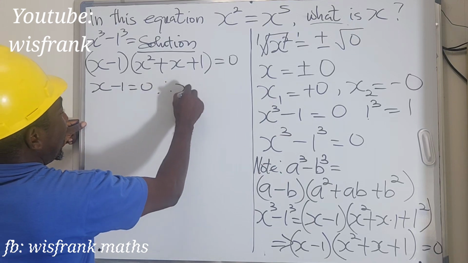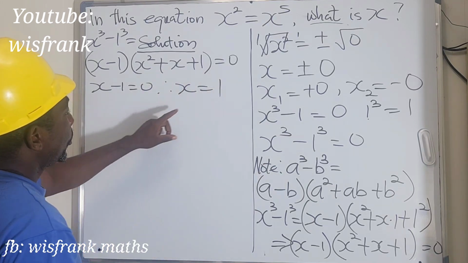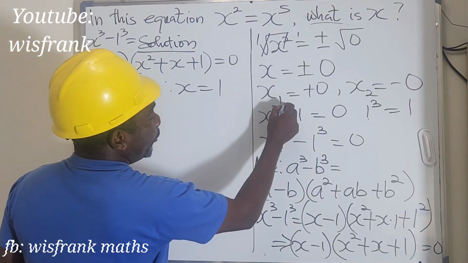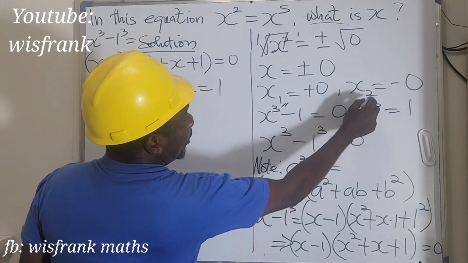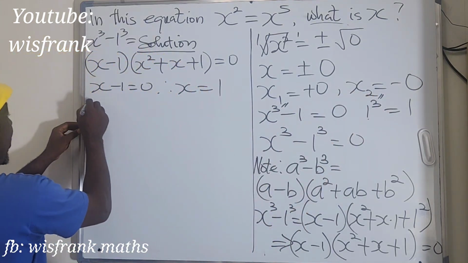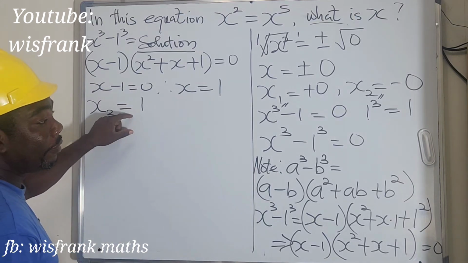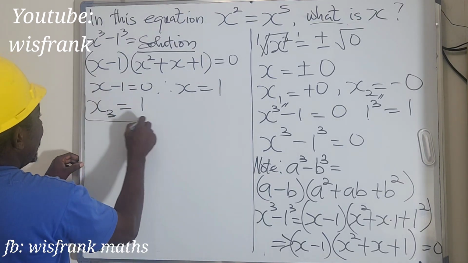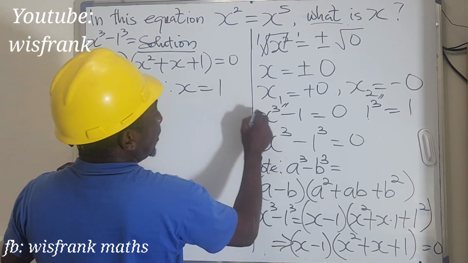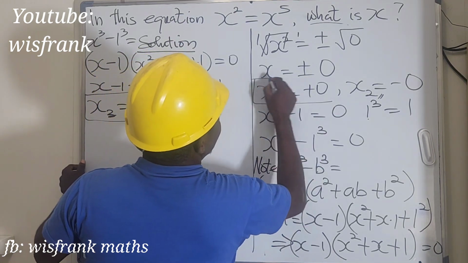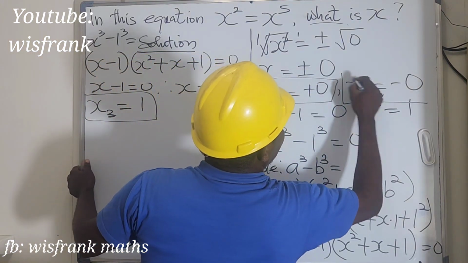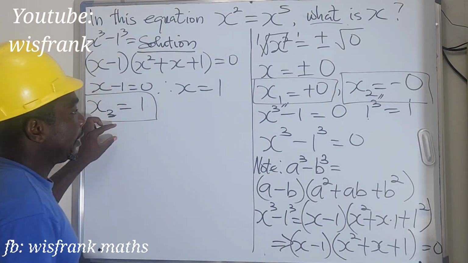We have x equals 1. So in this case, we have the first value here and we also have the second value here. So our x3 equals 1. This was the first one and this was the second one. So this is the third one.